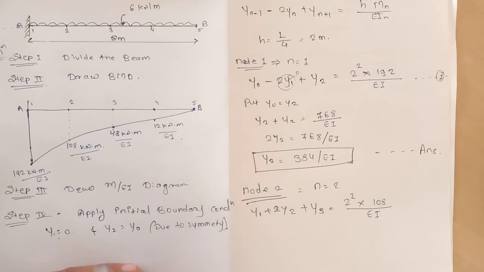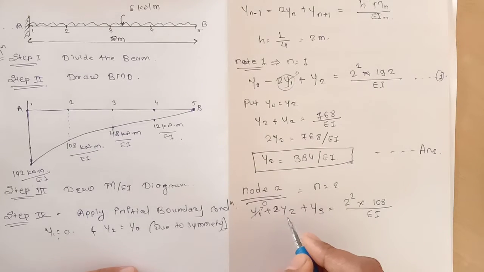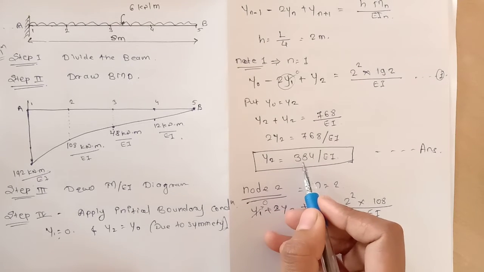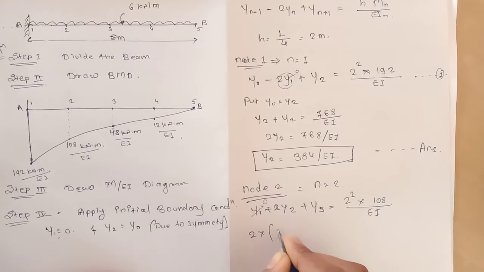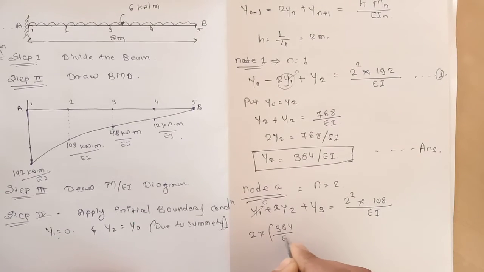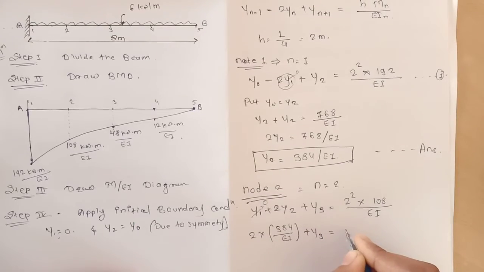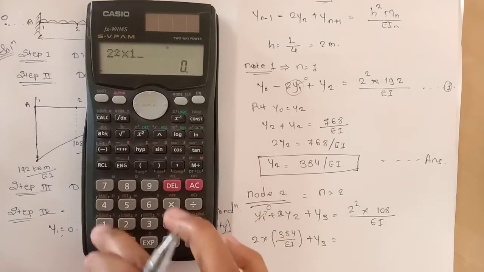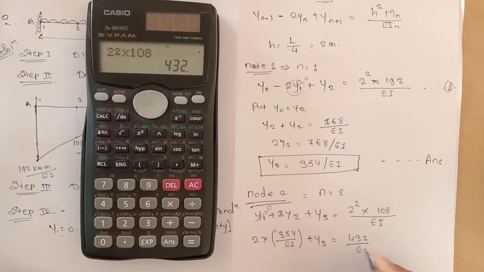So in that, put this value: the y1 value is equal to 0. Then we know that the value of y2 is equal to 384. So here, 2 into bracket 384 divided by EI plus y3 is equal to minus 2 squared into 108, which is 432, divided by EI.